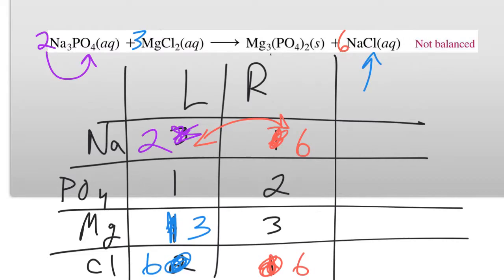So, I'm sorry, I changed that, this should be 6, and then that's 2, yeah. So everything is balanced out. 2, 3, and then there's a 1 in front of that one, and then 6 sodium chlorides.